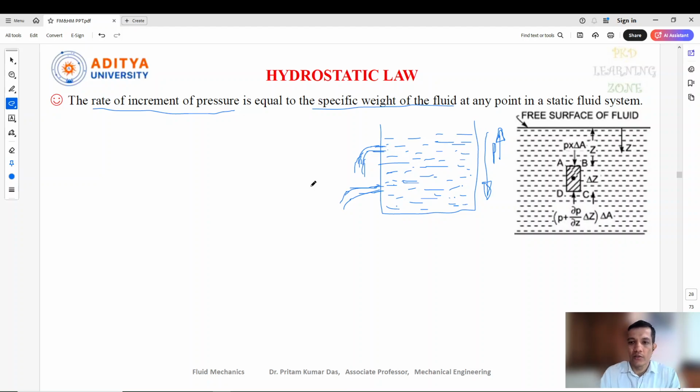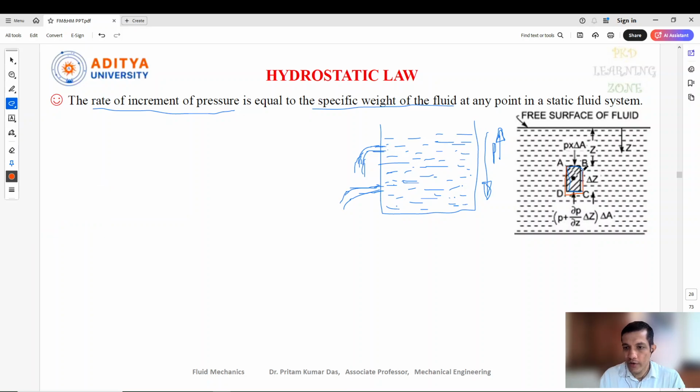So for this I have taken a small container in which liquid is there, and in this liquid I have taken a small element here. Let me draw it this way.